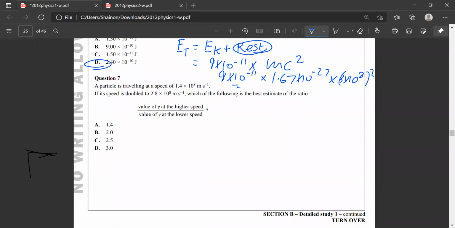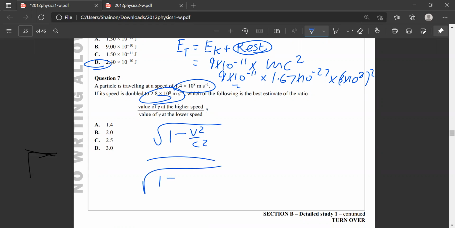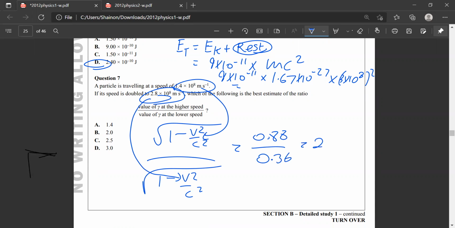So this one you just calculate separately for this and this, so you just do 1 minus v squared over c squared. And when you sub these values in, you should get 0.88 over 0.36 and 2.44, which is approximately this one.